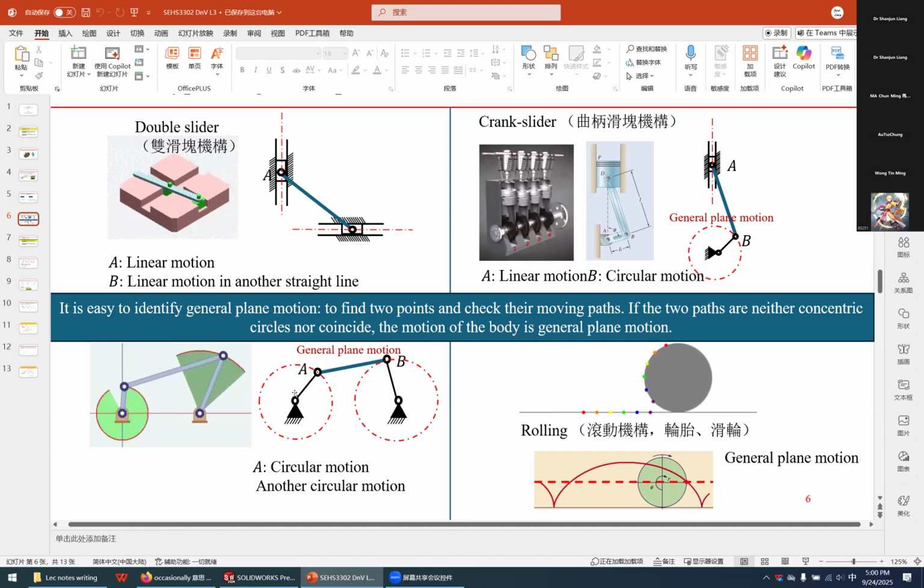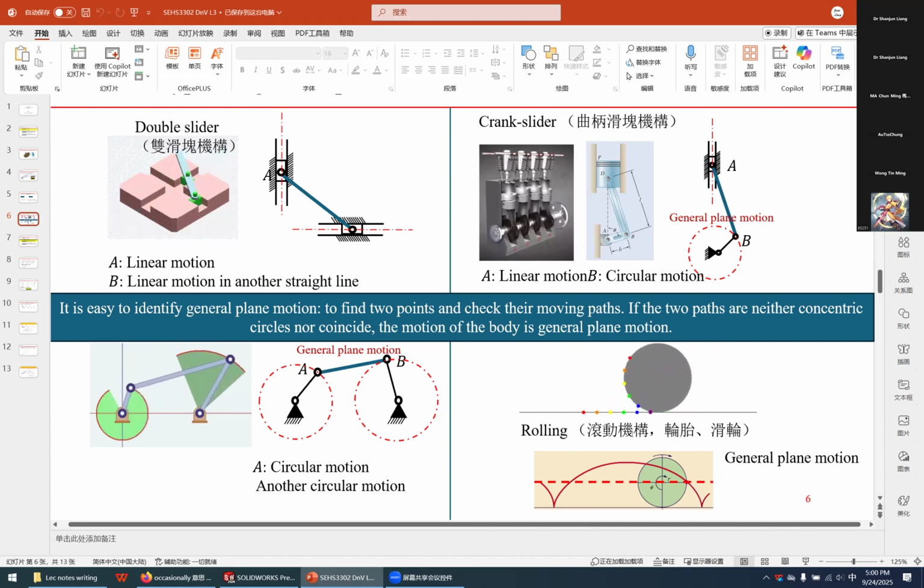But the left rod and the right rod have a pure rotation. The last one is rolling. When the wheel rolls forward to a position, it has a position change and also an angle change.